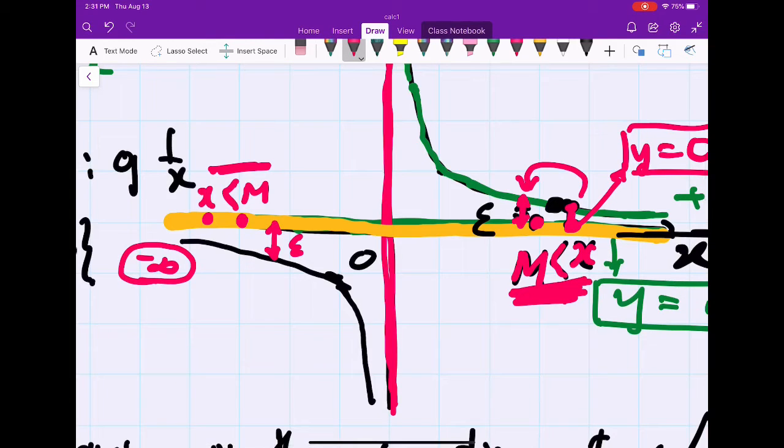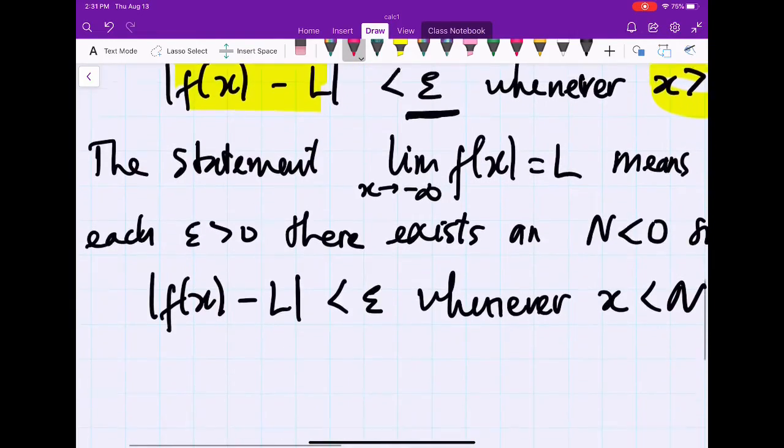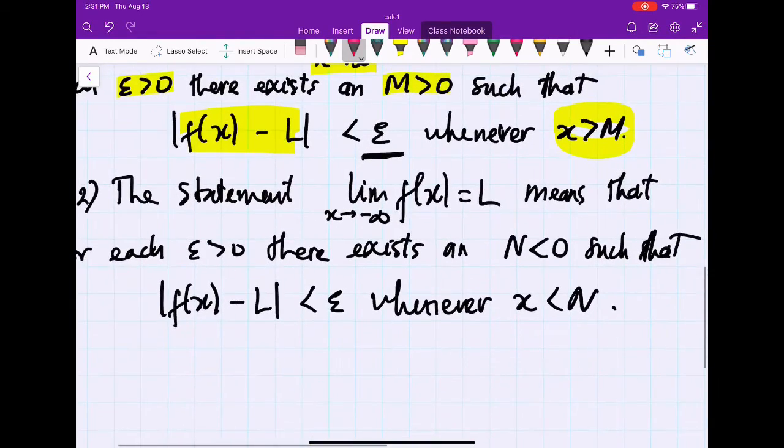Then the distance from the function value to the y value, in this case 0, is less than epsilon. So we say the limit of the function at negative infinity is L.